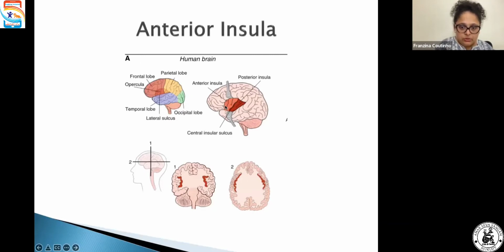If these are the quadrants, this is the anterior insula. The anterior insula is in the frontal lobe, where there is a lot of emotion, where there is some overlap with the temporal and parietal lobe as well. So it's a fairly large area that's impacted.